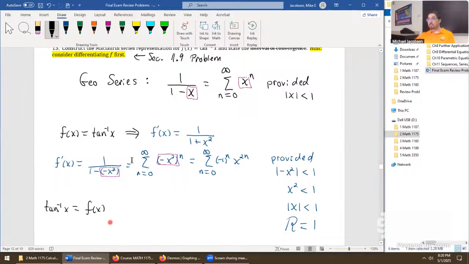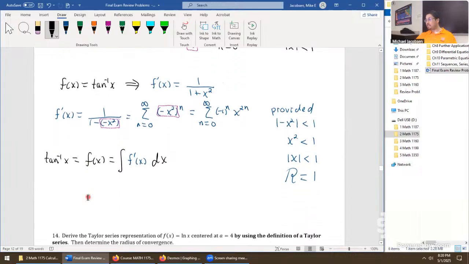So tangent inverse x is originally f of x. But I want to tie f of x to f of x is always the antiderivative of f prime of x. The only downside with this kind of formula is we have to solve for the constant on this one because we don't want a family of functions. We want the one function that's going to come out correct.